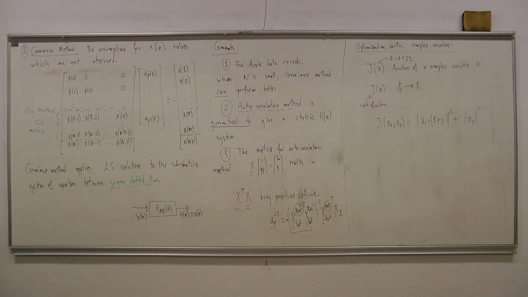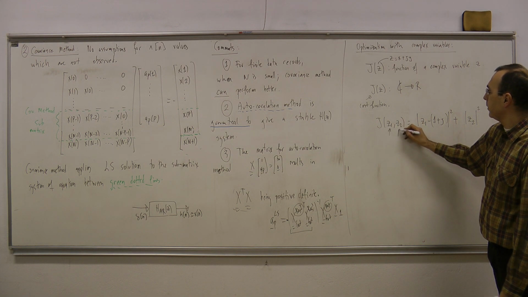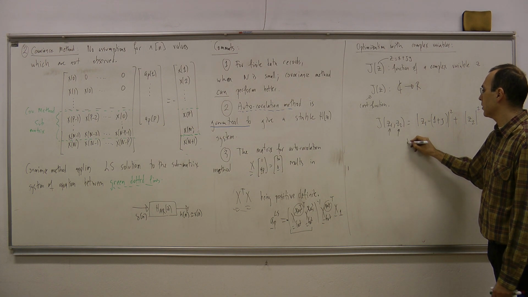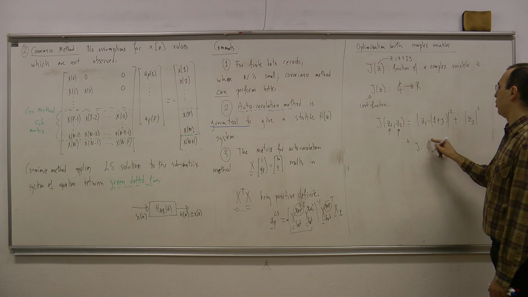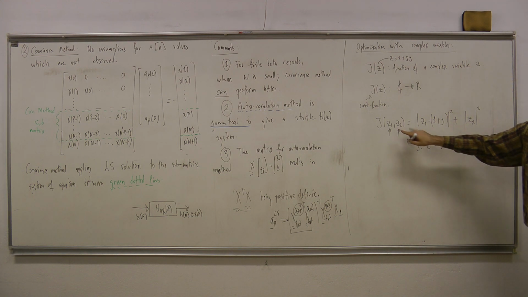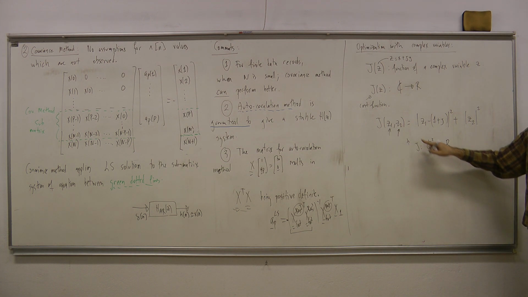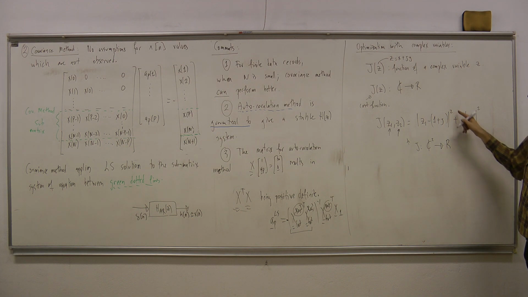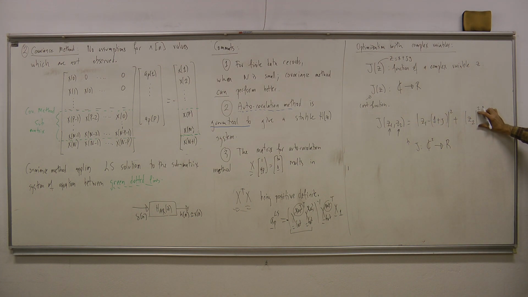Okay. Well, this is a trivial optimization problem, but you see that these are complex numbers. So this J is from the Cartesian product of complex numbers to real numbers, because at the range of this function, I have a real quantity. So this is the magnitude square of this complex number.